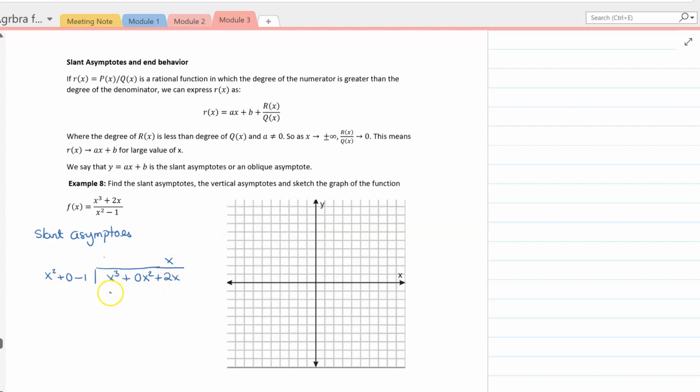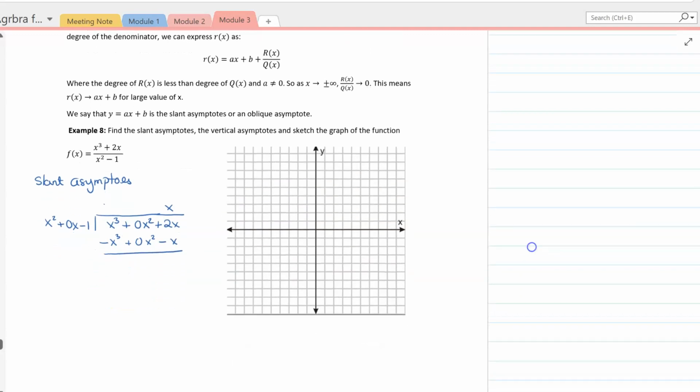We multiply it back to get x to the third plus 0x squared minus x, and then we subtract. Okay, so this becomes 0, 0 plus 3x.